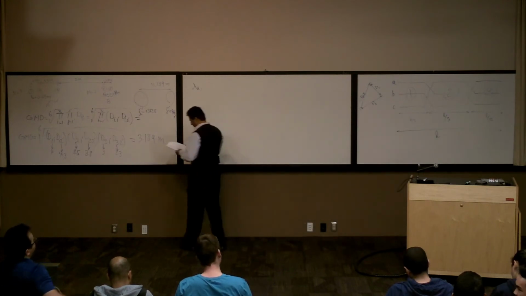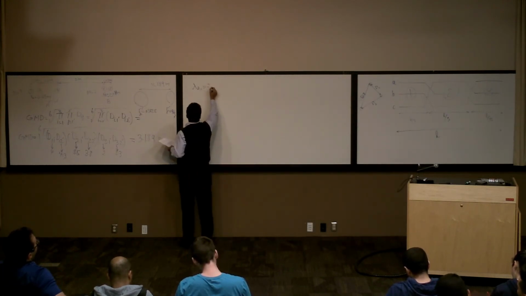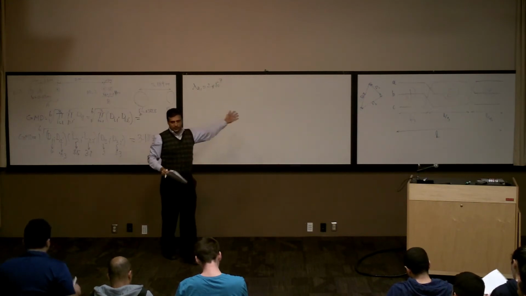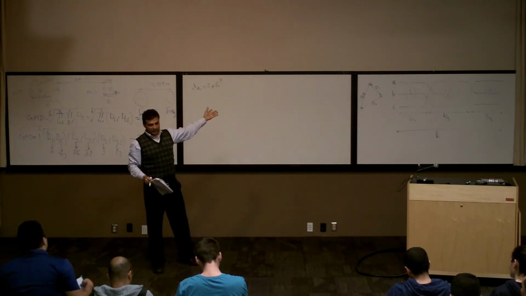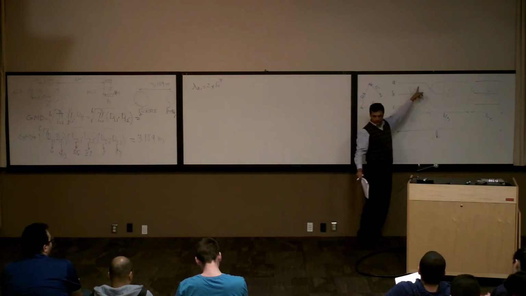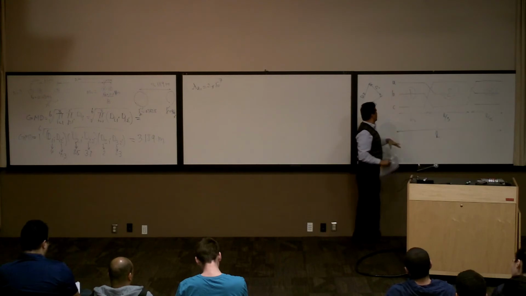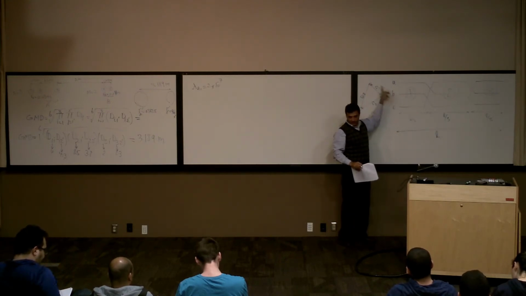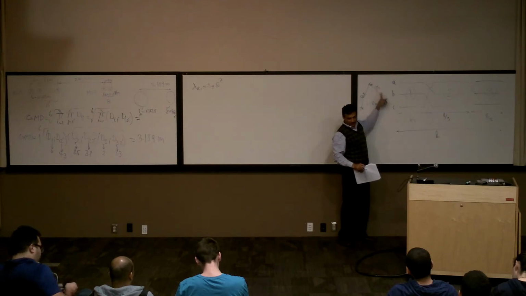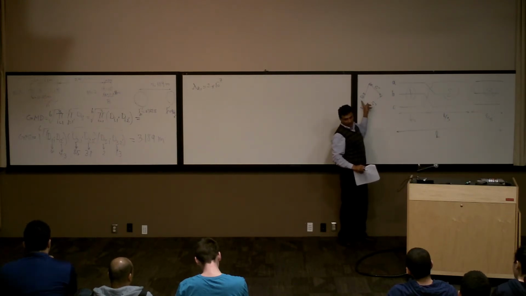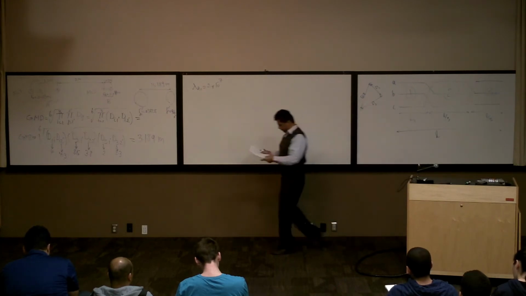So lambda A1 is going to be 2 times 10 to the power of minus 7. This is exactly what we had for the three-phase system. Phase A is going to be our prime A, right? Phase A and B is going to be D1. In this case, say A is here, B is here. Distance between A and B is going to be D1. Distance between A and C is going to be D3, right? So let's write it down.